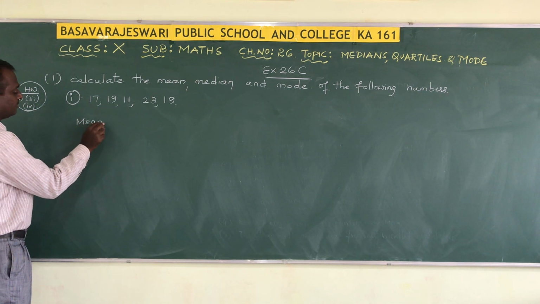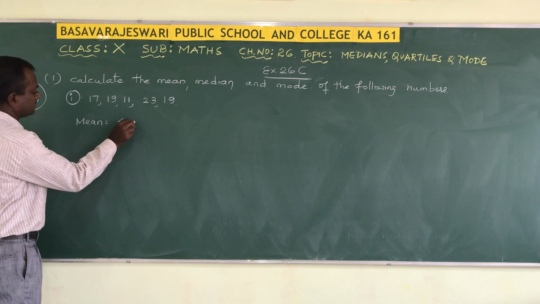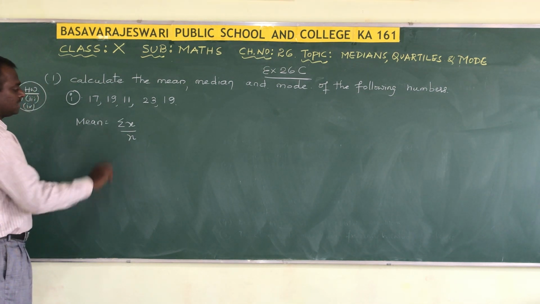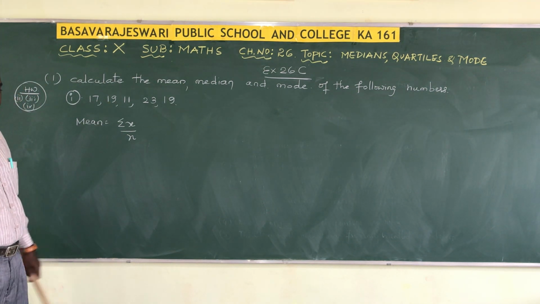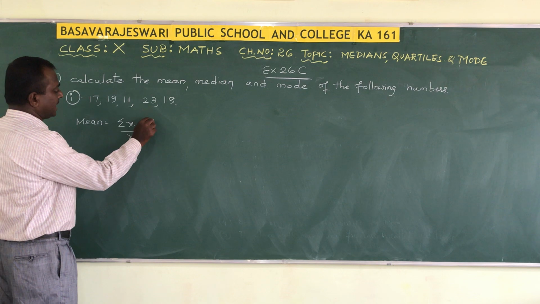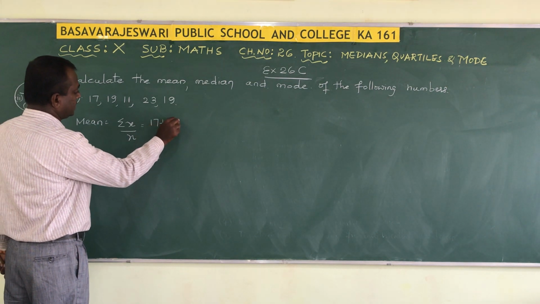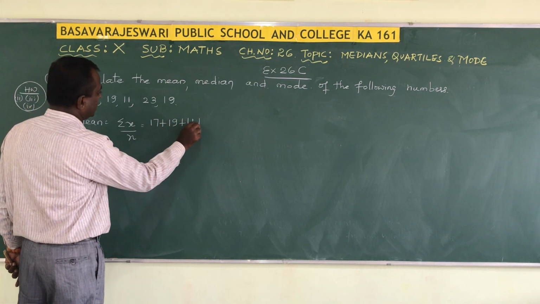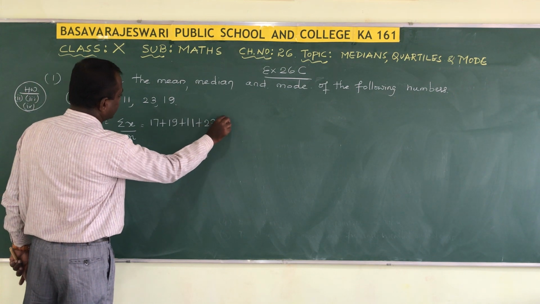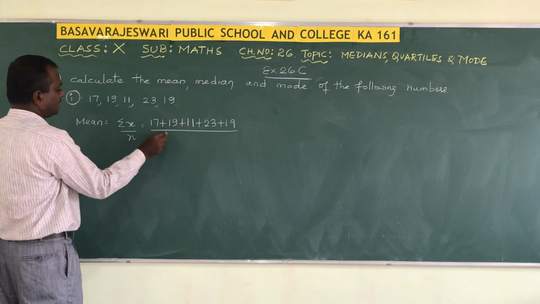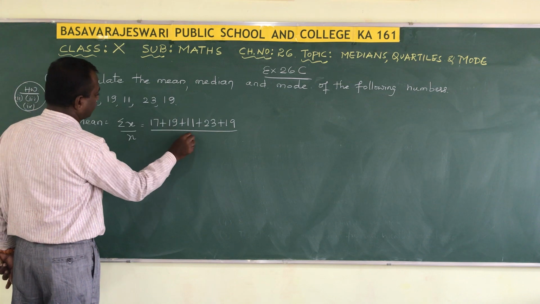You already know, mean is equal to sigma x by n, that is the sum of the scores divided by the number of scores. So add 17 plus 19 plus 11 plus 23 plus 19, divided by the number of scores, 5.